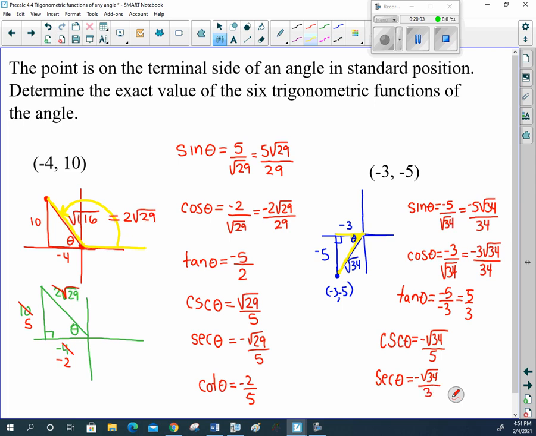And then the reciprocal of tangent theta is cotangent theta, so that'll be a positive 3 over 5. So remember, you're going to graph that point in a coordinate plane. I don't have any graph paper, so I just made a sketch. And then you're going to create the right triangle that goes with it, and you're going to use your reference angle to find all of the trig functions that would match that angle rotation.